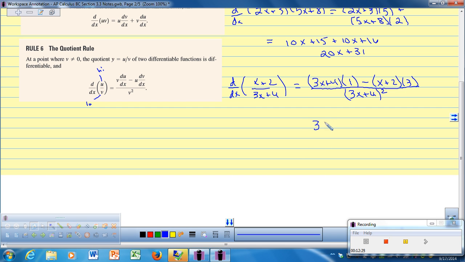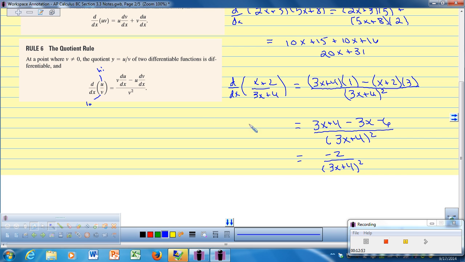Here we have 3x plus 4 minus 3x minus 6 all over 3x plus 4 squared. And that is 4 minus 6, negative 2 over 3x plus 4 squared, is the derivative of this function.